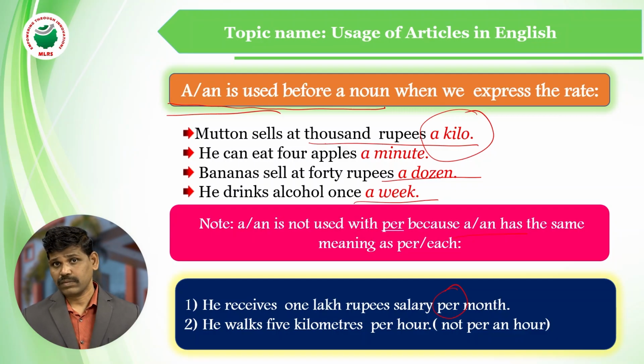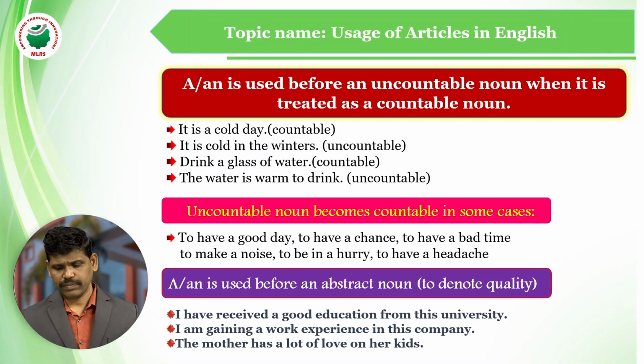This is wrong. He walks 5 kilometers per hour. Otherwise, he walks 5 kilometers an hour. Per an hour is wrong. So please remember, when we use per or a or an, don't use them side by side.